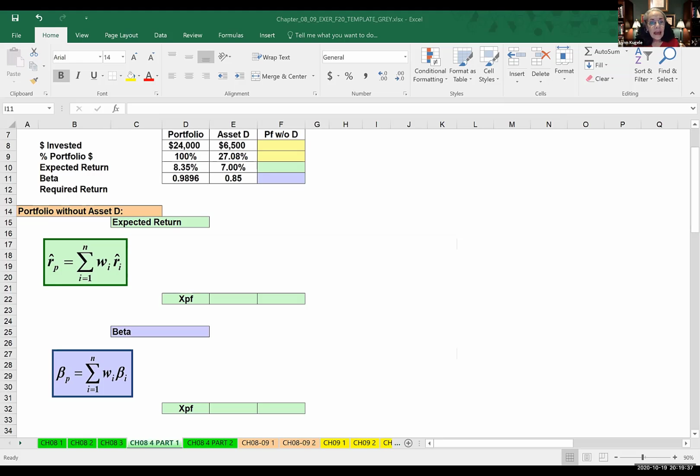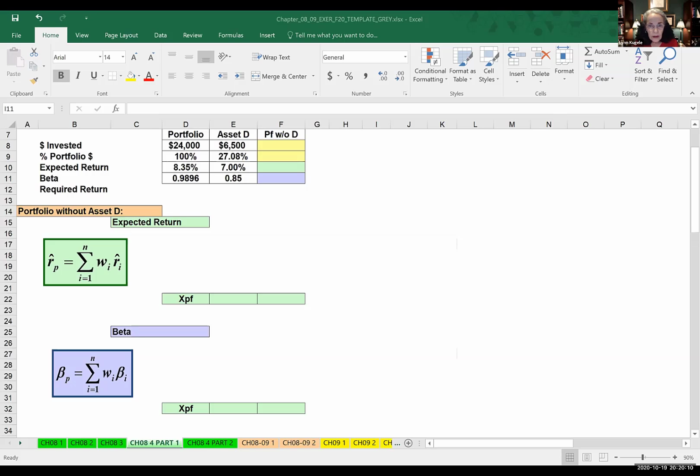Okay. If I know the expected return on the overall portfolio is 8.35, this asset that I'm taking out is 27.08% of the total portfolio, 6,500 divided by 24,000. Okay. If I take that out at 7, what have I got left? Makes sense? I'm using this equation, but I've only got 2 elements.